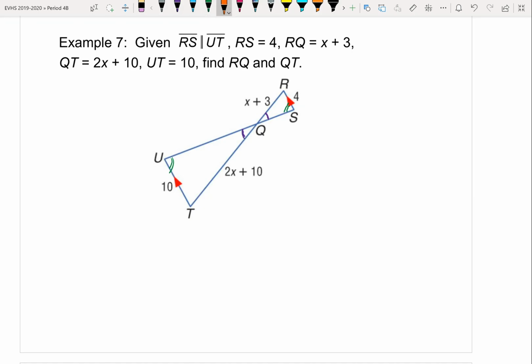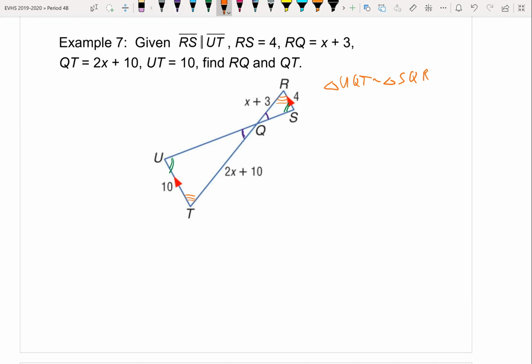And by the exact same logic with TR being my transversal, angle T and angle R are congruent, which means that triangle UQT is similar to triangle, and let's make sure we match this up right. U matches with S, Q matches with Q, and then R matches with T.